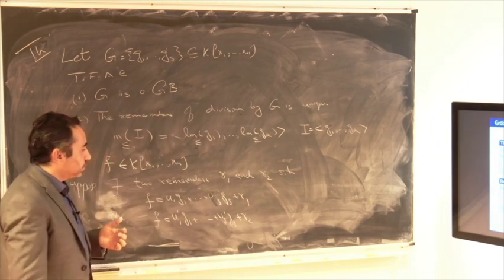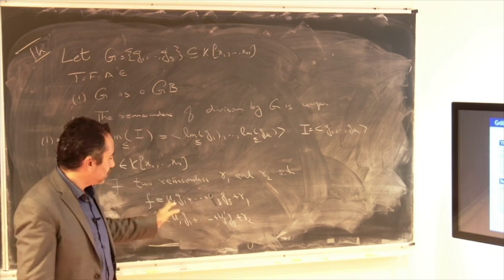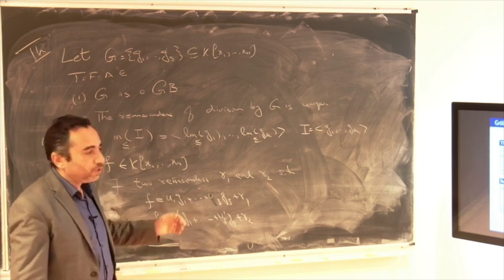So we suppose we have these two remainders, where G is given to be a Gröbner basis.